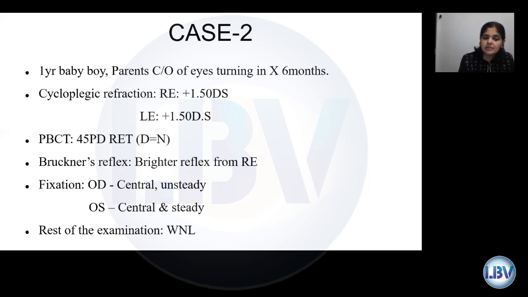The squint starts at about 6 months or before that. Generally, if after about 4 months of age you see an esotropia of large deviation that remains constant, then you should consider essential infantile esotropia.